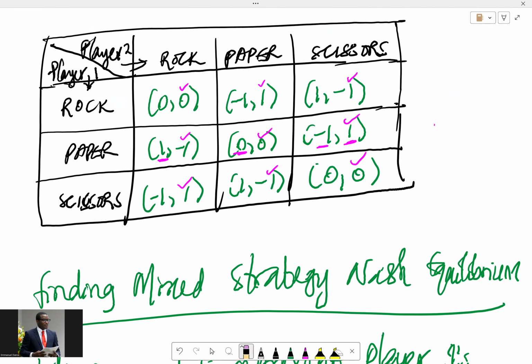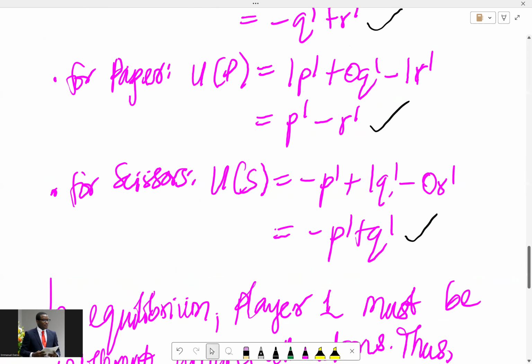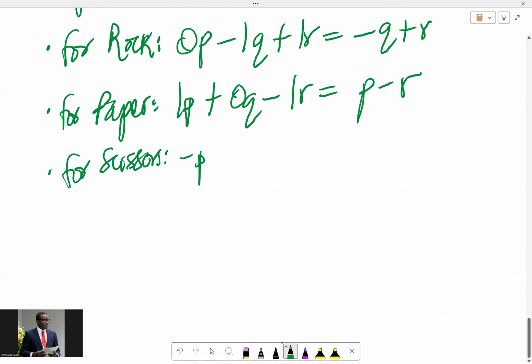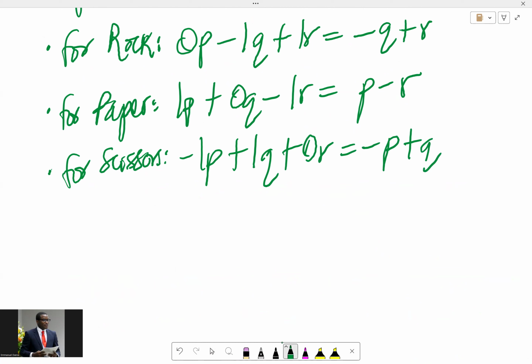So here, when player 1 goes scissors and player 2 goes rock, the expected payoff for player 1 is minus 1, 1, 0. So this is minus 1p plus 1q plus 0r, and all of that is minus p plus q.